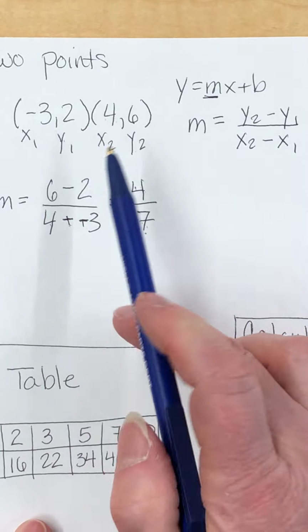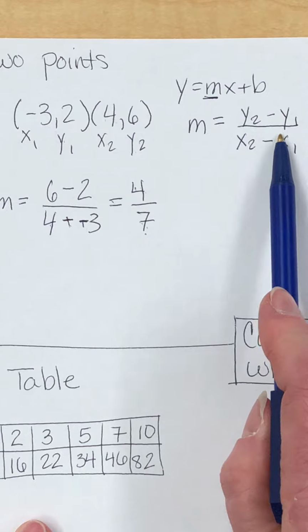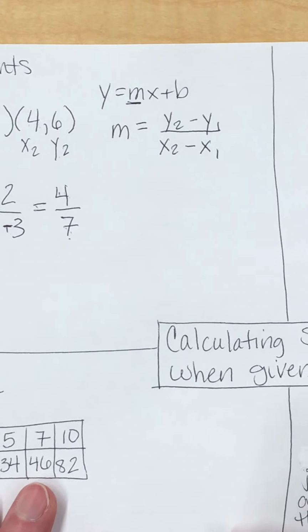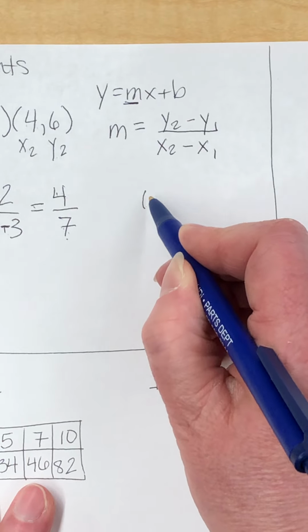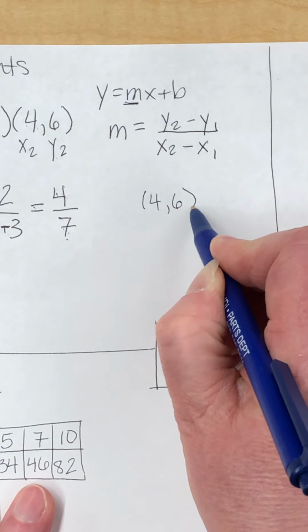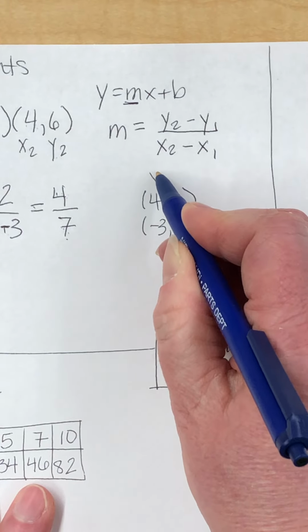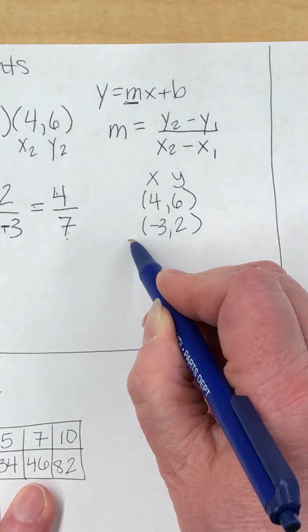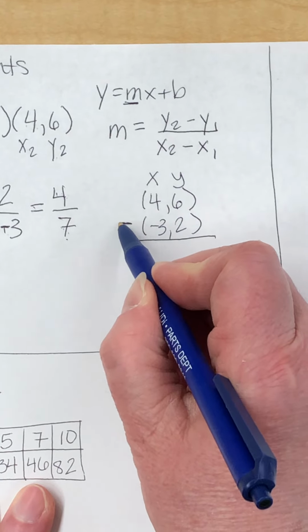So another way to do it is just to take these 2 points, and you're still using technically this formula, but it might be easier for you to see. So let's go ahead and put 4, 6, and then below it the negative 3, 2, and remember these are your x's and these are your y's. We're going to do rise over run, which is y over x when we're done, and we're subtracting.